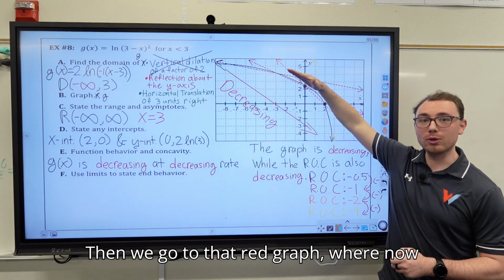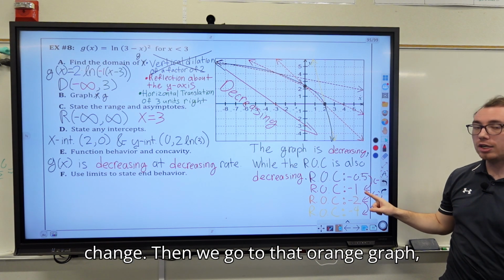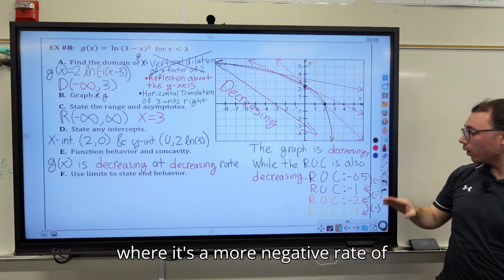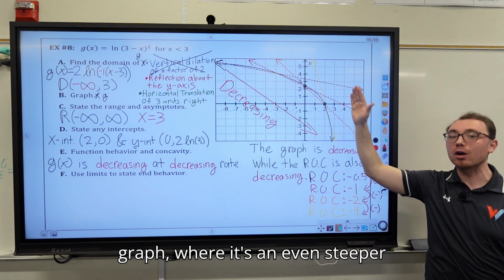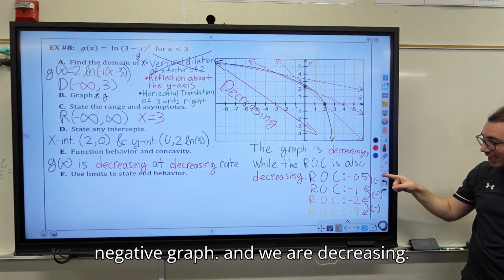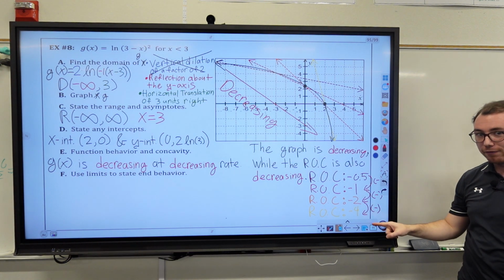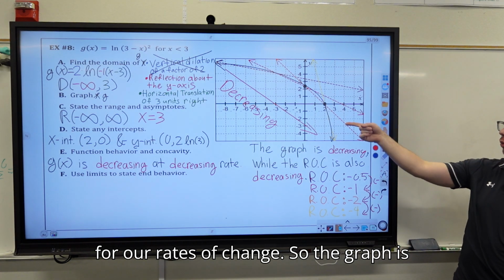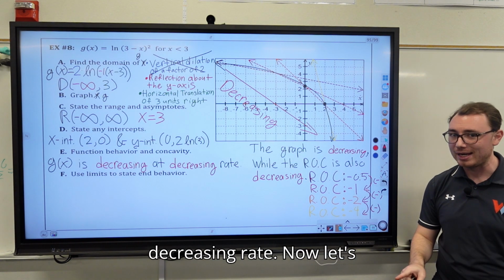Then we go to that red graph, where now it's a more negative rate of change. Then we go to that orange graph, where it's a more negative rate of change. And then we go to that yellow graph, where it's an even steeper negative graph. We're becoming more and more negative for our rates of change. So the graph is decreasing at a decreasing rate.